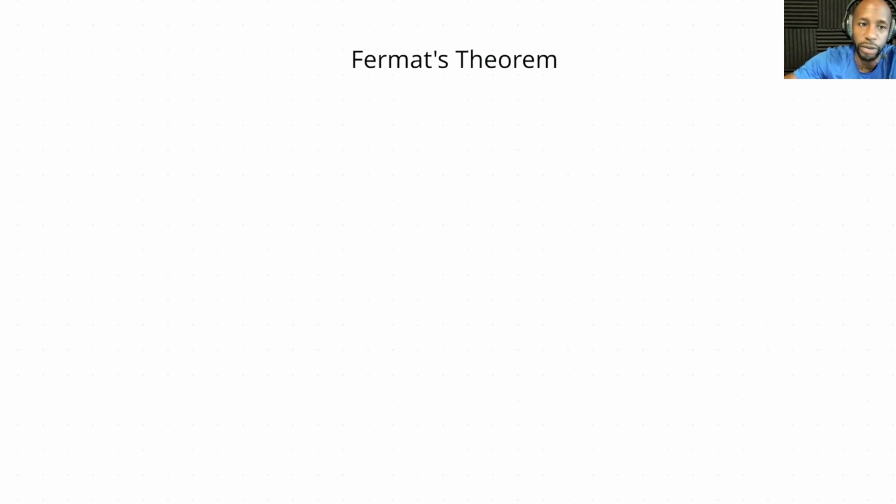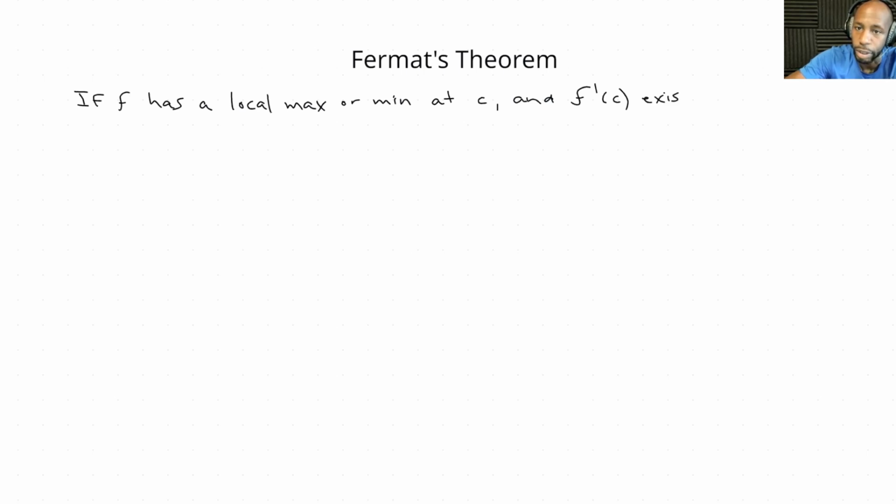If some function f has a local max or min, that's a maximum value or a minimum value for this function, at some point C, and f prime of C, or in other words, the derivative at that point C exists, then f prime of C equals zero.